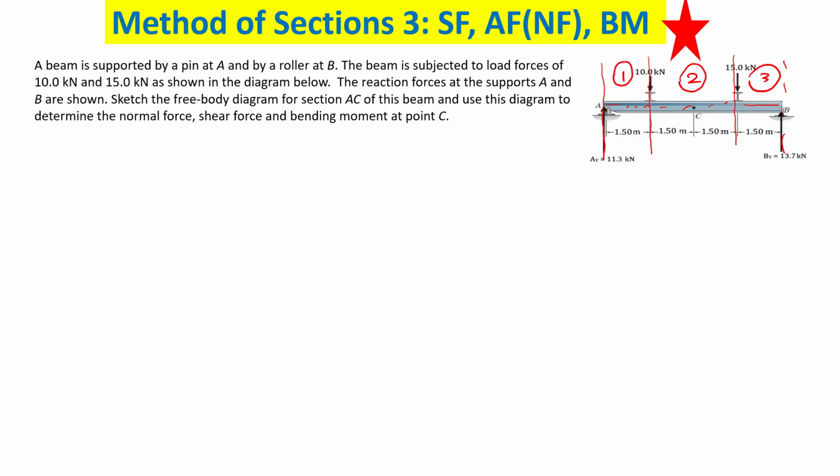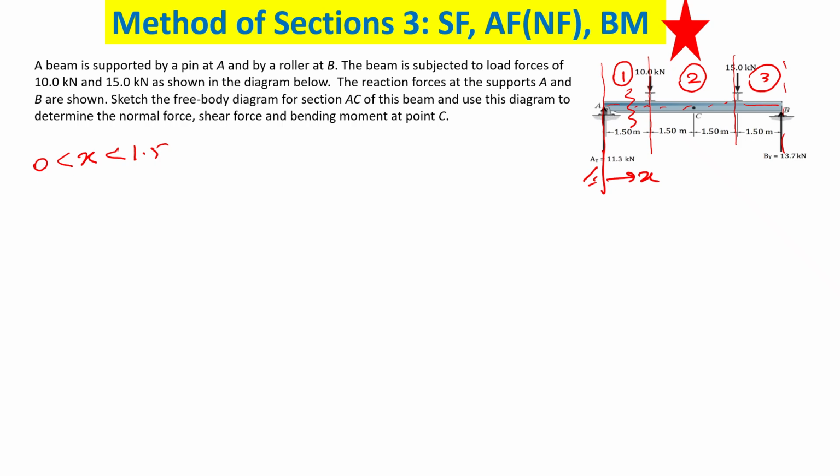So what are the 3 sections? You are going to cut at an x distance. You need to cut somewhere here where your x is more than 0 but less than 1.5. Any number between 0 and 1.5 is one section. Make sense?